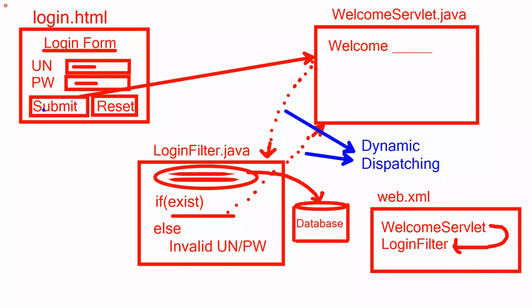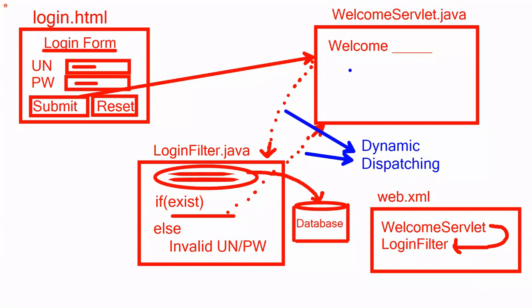When I click the submit button, control comes to mail Servlet. In XML, I'll write the code to divert the control to login filter. Whenever a request comes to mail Servlet, divert the control to login filter. Then control comes to login filter. It will check in the database. If it exists, control passes again to mail Servlet. If it does not exist, invalid username password.